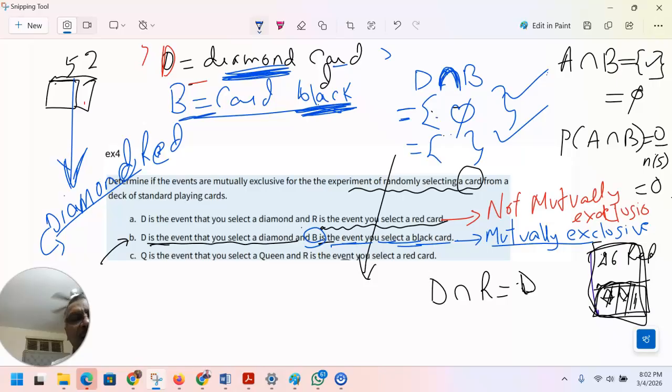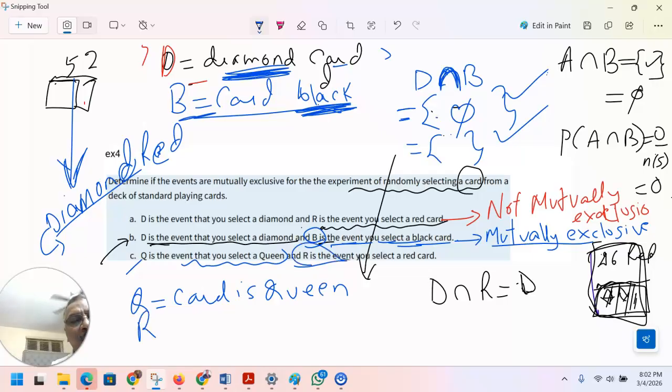The second one is Q. Q is the event that you select a queen, so the card is a queen. And R is the event you select a red card.